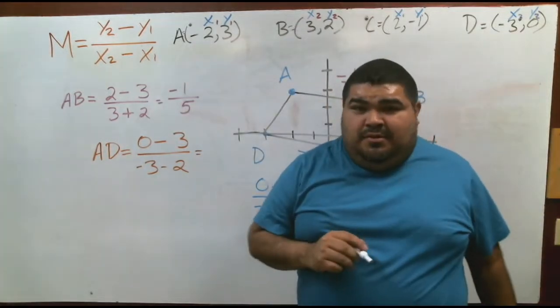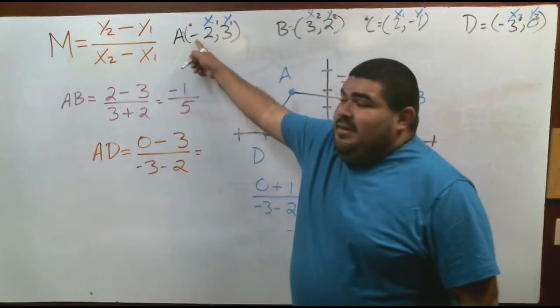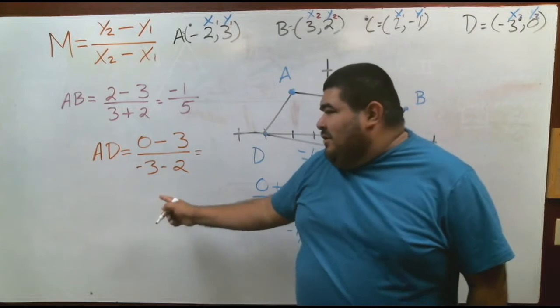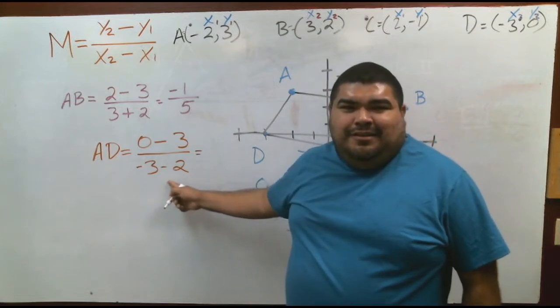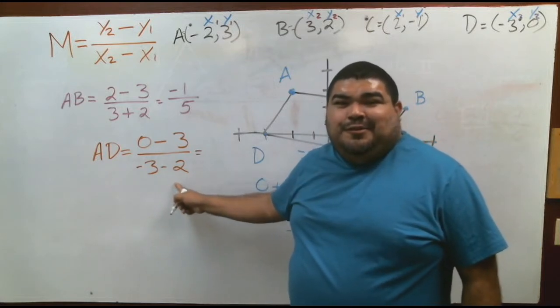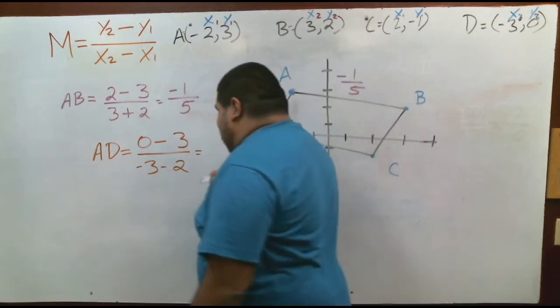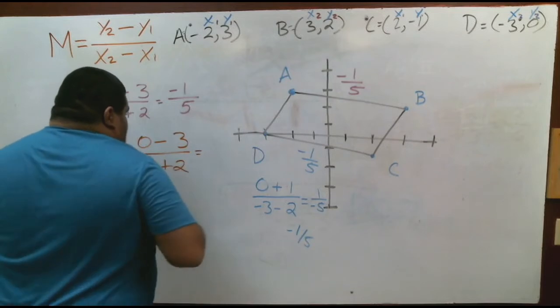But remember, since you had a negative there and a negative here, what are we missing in this equation? We have negative 3 minus 2. The 2 becomes positive, right? Because 2 negatives.